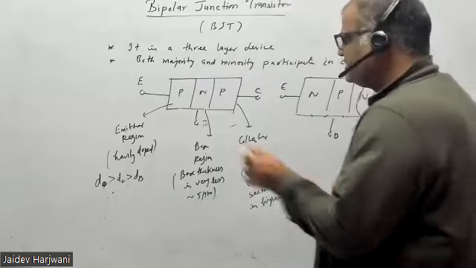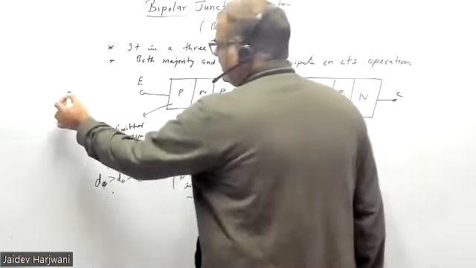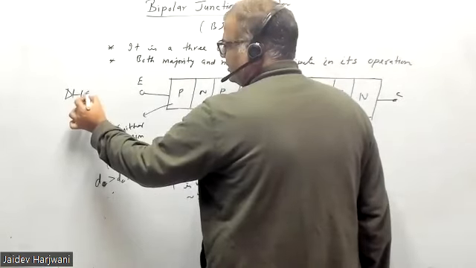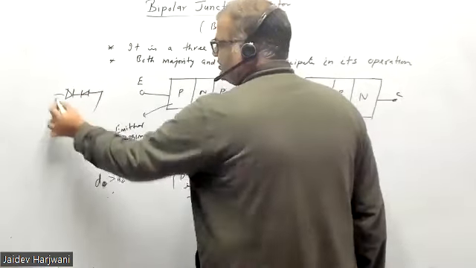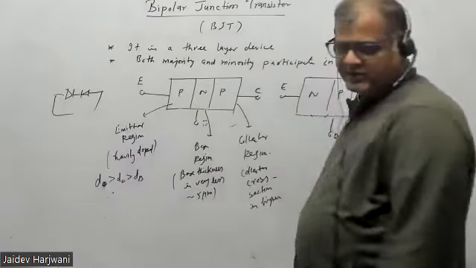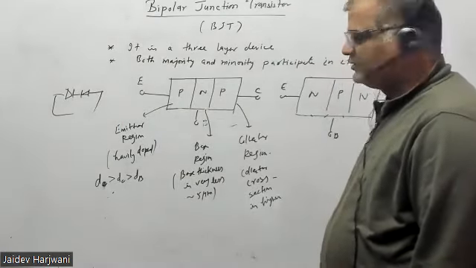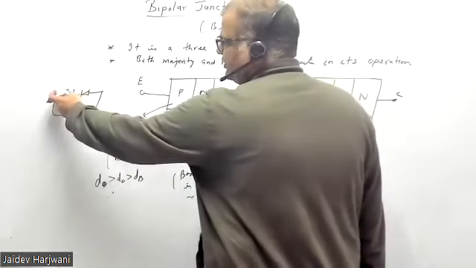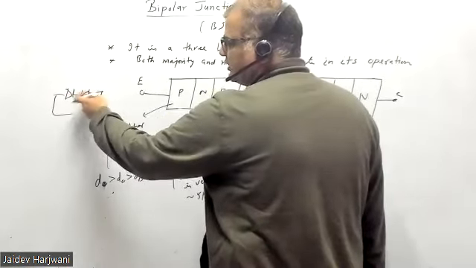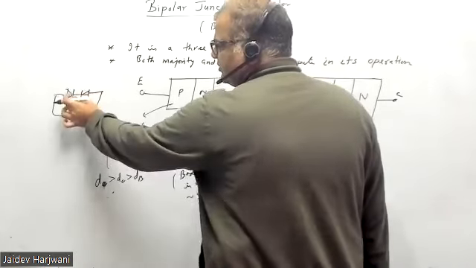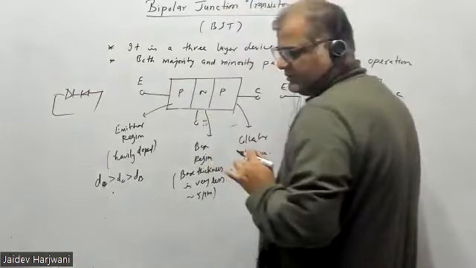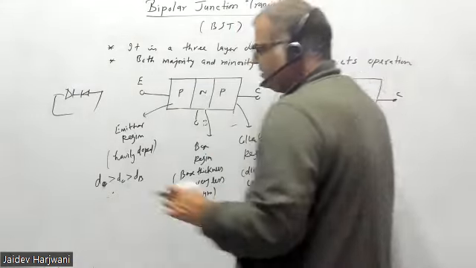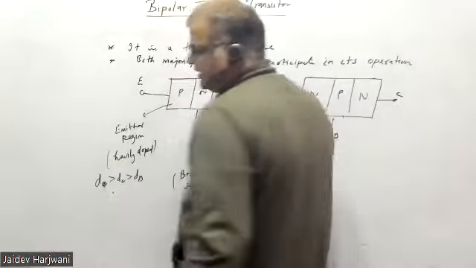If this junction is very wide, then it is just like a two-diode connection. So it will not have much property, because if you flow current here, current will not come through, as this will be reverse biased. Because the base is very thin, the BJT is able to perform many applications.